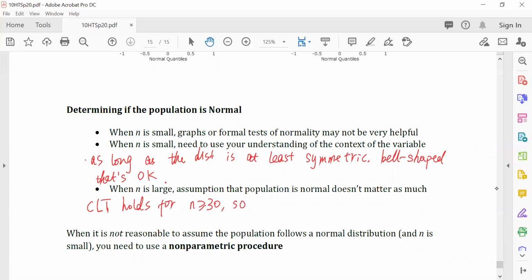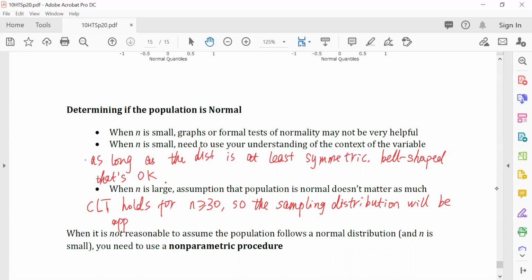Then no matter what your population distribution looks like, your sampling distribution will be approximately normal.